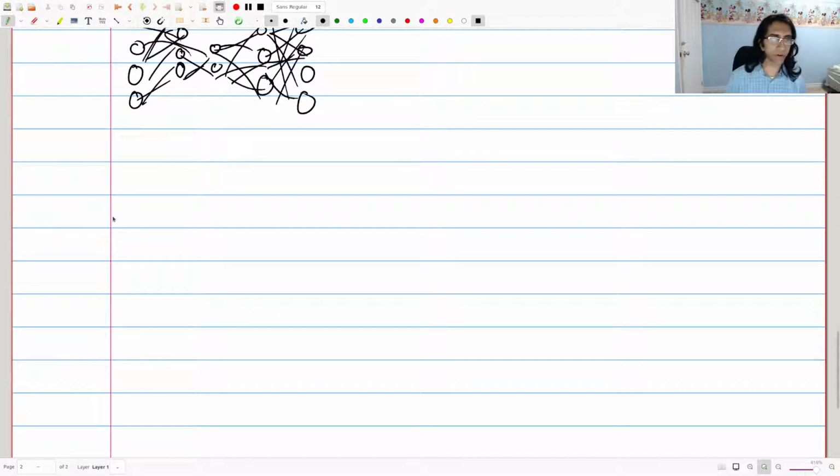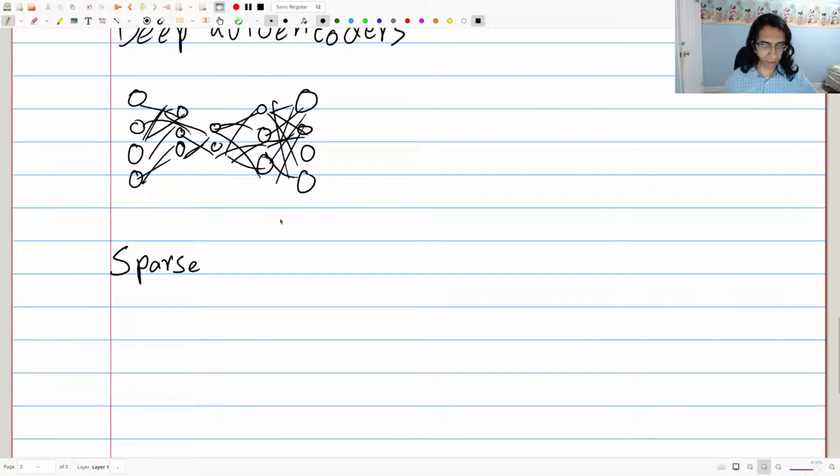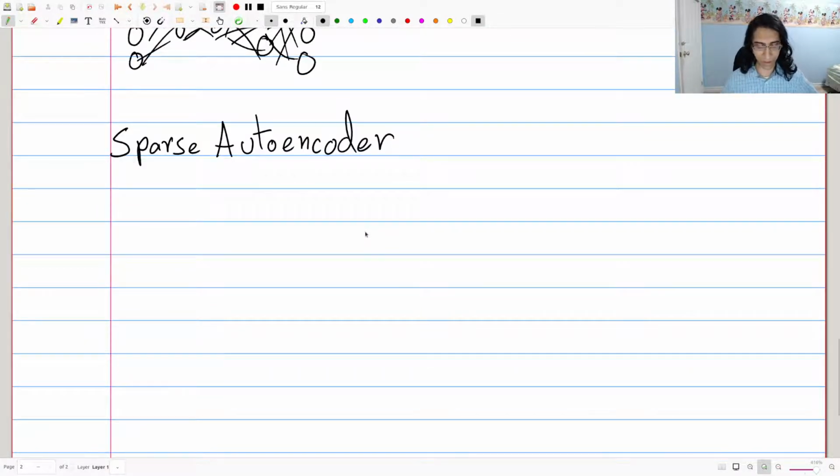So these have all been somewhat similar so far. There's some more interesting things that we can do, which are actually a little bit different. We can make an image smaller dimensional and then make it bigger dimensional again, but can we learn anything more interesting about our data and what it looks like? One thing that's useful for that is a sparse autoencoder. The idea here is it tries to learn a particularly interesting representation of the data: does there exist one which is sparse, that is, it has mostly zeros or only a few non-zero values?